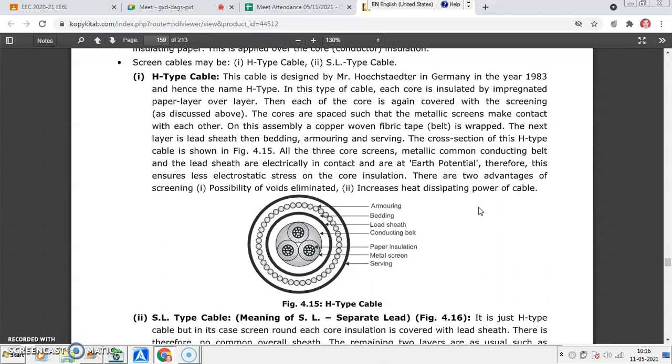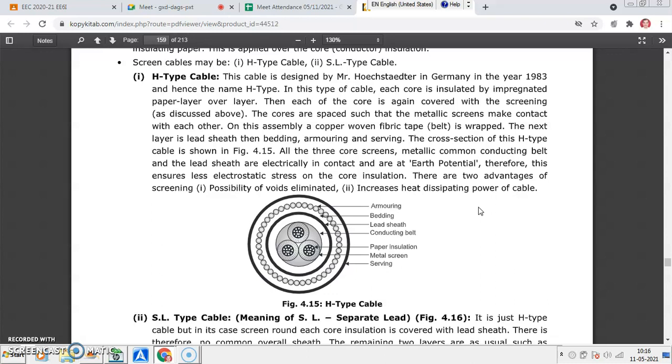Voids mean, especially while constructing the cable, it is very important that the conductor may not be circular, or if it is circular, there is some space in between the conductors, so it is needed to eliminate such voids, such empty pockets.